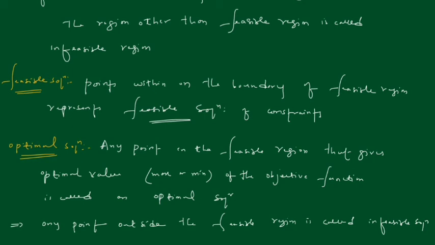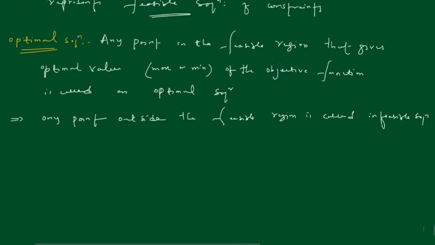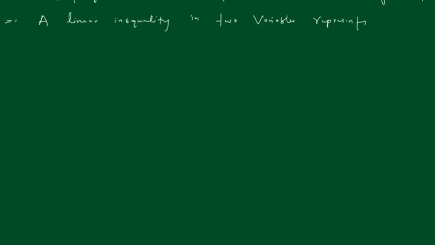Next we will see a linear inequality. A linear inequality in two variables represents a half plane.